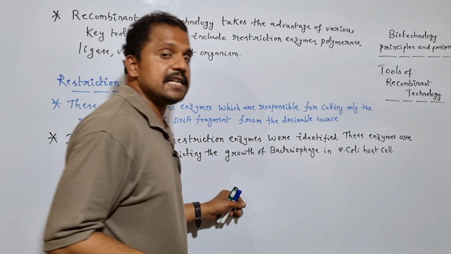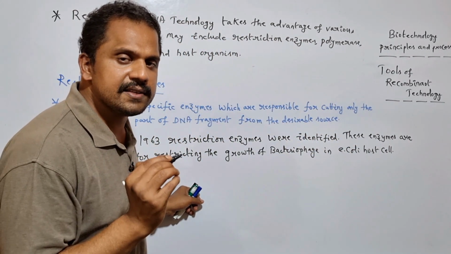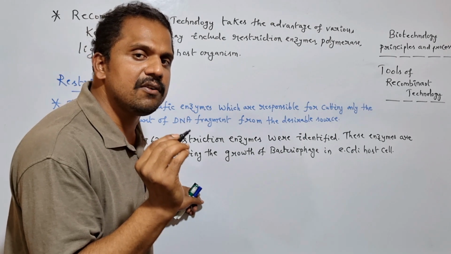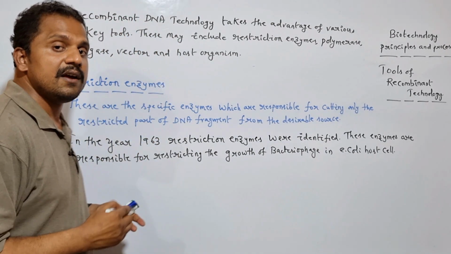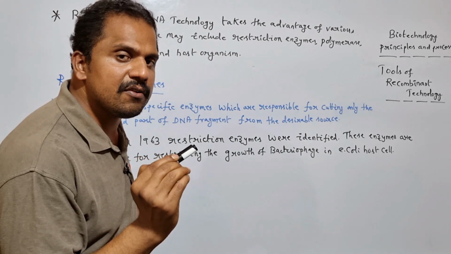As we all know, bacteriophages are the viruses which take the advantage of E. coli as the host cell. So these specific enzymes were responsible for restricting the growth of bacteriophage in the E. coli host cell.